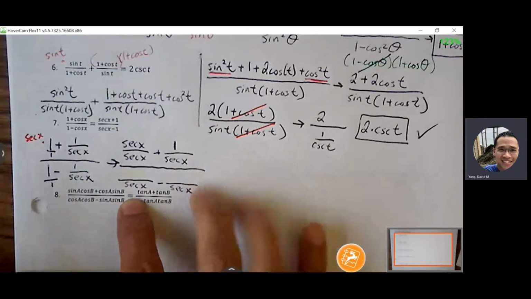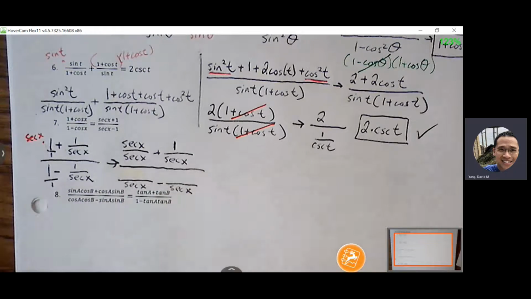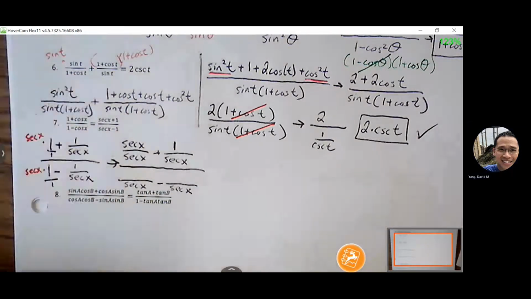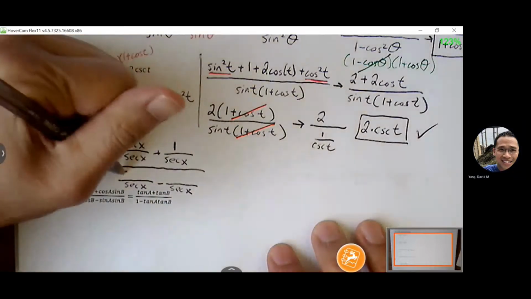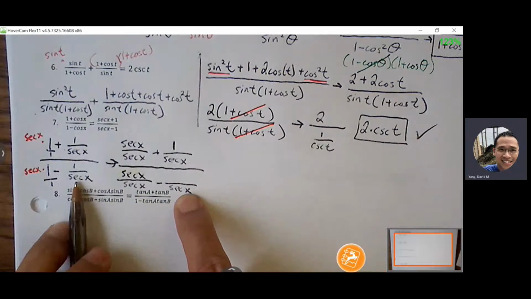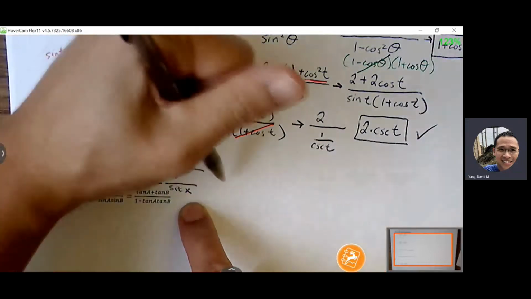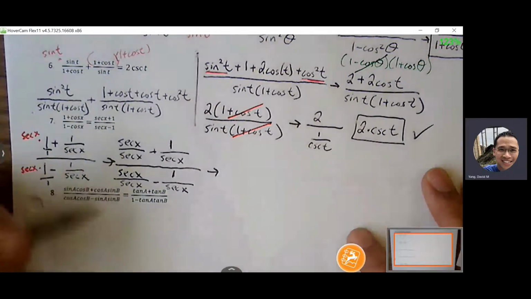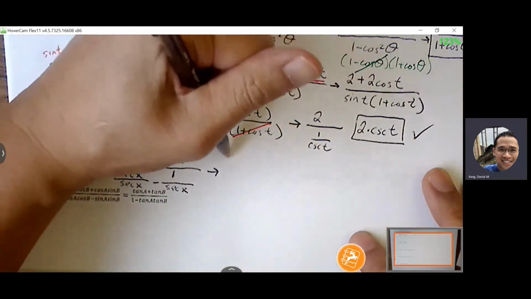I need a secant of x to get from 1 to secant x, so multiply the top by secant x. The second fraction doesn't require any balancing, just move that 1 down. Okay, we got through the hardest part. Next, we can just merge those two fractions together, and then we can move that denominator up eventually.